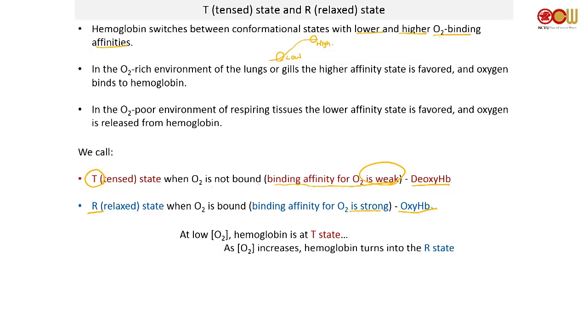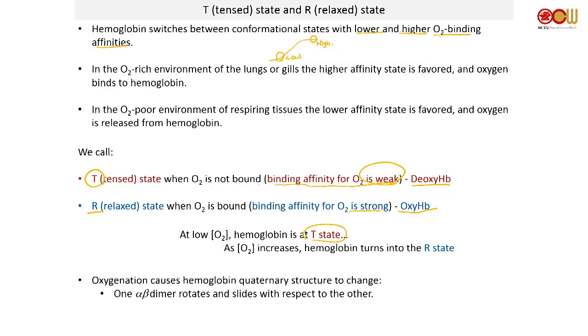At low O2 concentration, hemoglobin is in the T state, and as O2 concentration increases, hemoglobin will turn into the R state. So as a function of oxygen concentration, your protein will shape shift, like magic.